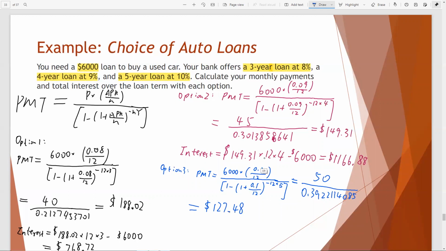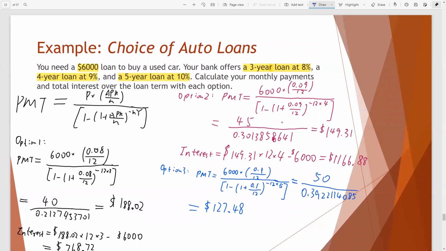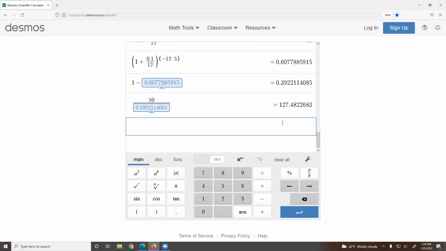Right, $127.48. Interest payment is what? Monthly payment, but you have 12 payments a year, that's 5 years, minus your original. Monthly payment, that's $127.48.